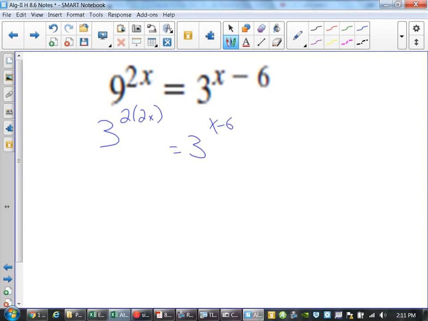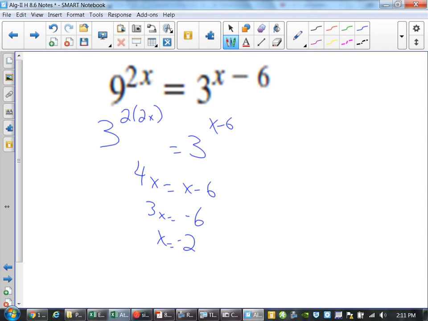And again, since you have the same common base, your exponent values drop. All right. You get negative 2. Okay.